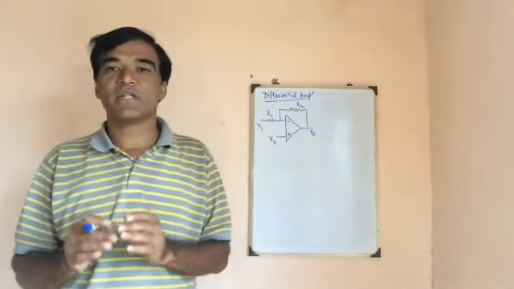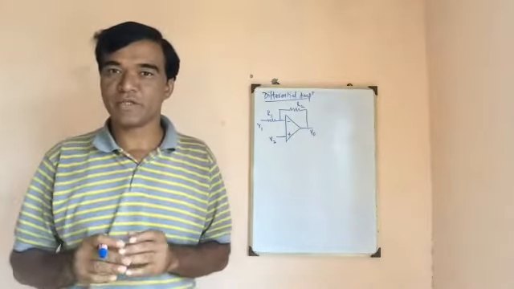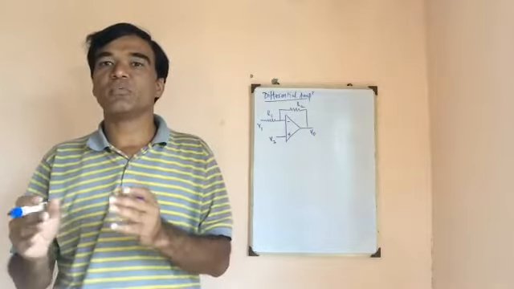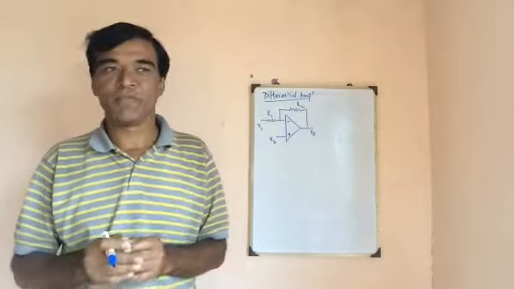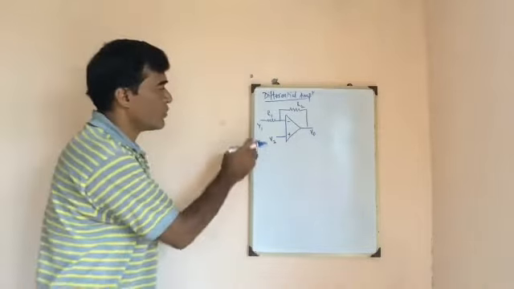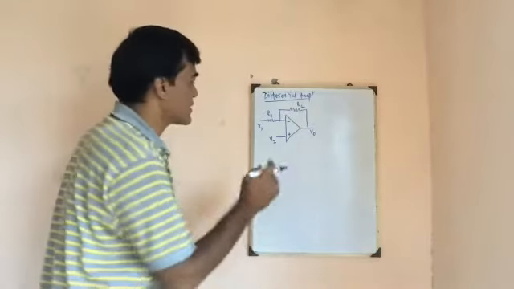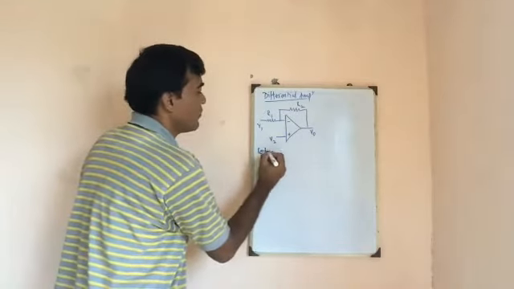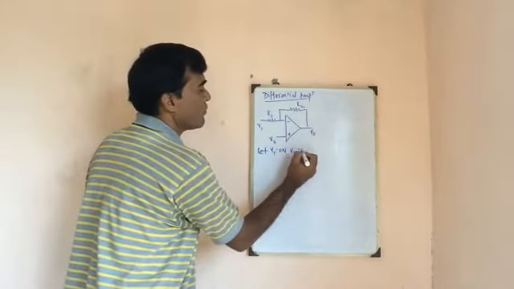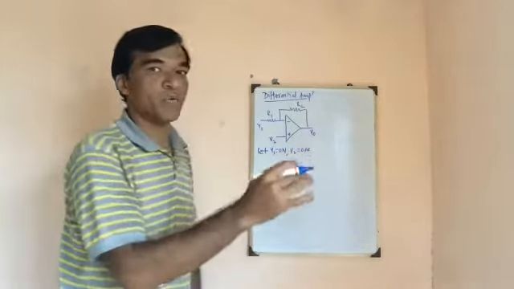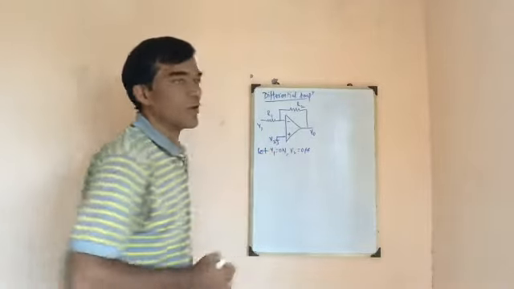It states that if the circuit consists of more than one input voltage, we can find out the output voltage by considering one voltage source at a time. In this case, there are two input voltages V1 and V2. To derive the output, let us consider V1 is on and V2 is off. V2 is off means I need to make that voltage 0. How can I make this voltage 0? Simply I need to connect it to the ground.